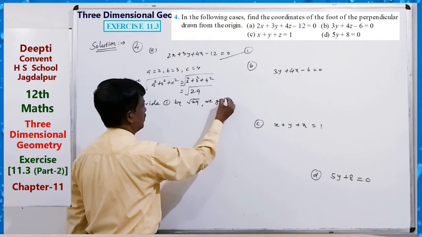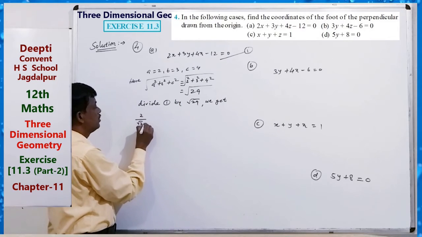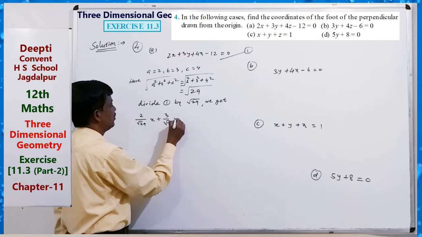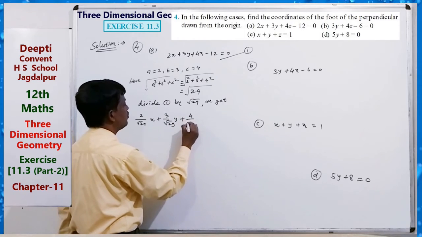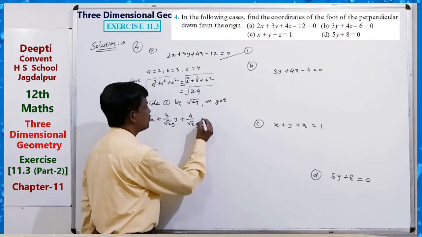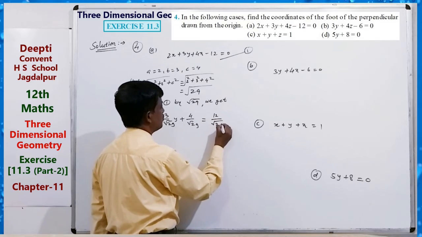We get 2 by root 29 x, 3 by root 29 y, 4 by root 29 z equals 12 by root 29.